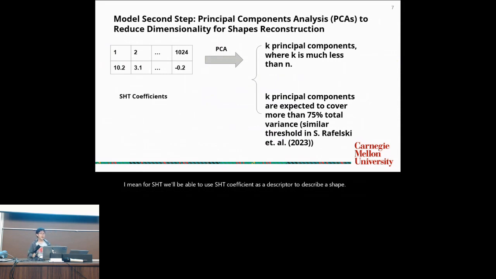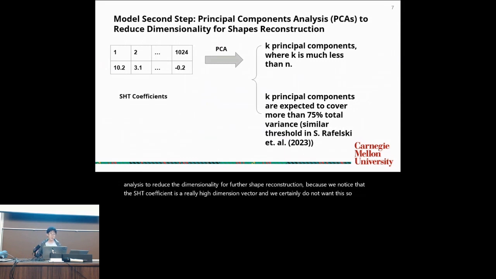The second step is to apply principal component analysis to reduce the dimensionality for further shape reconstruction, because we noticed that the SHT coefficient is a really high-dimensional vector, and we certainly do not want this. While choosing a proper K, we expect that these principal components can cover more than 75% of the total variance, which is similar to the threshold in Rafalski's work, published in Nature in 2023.